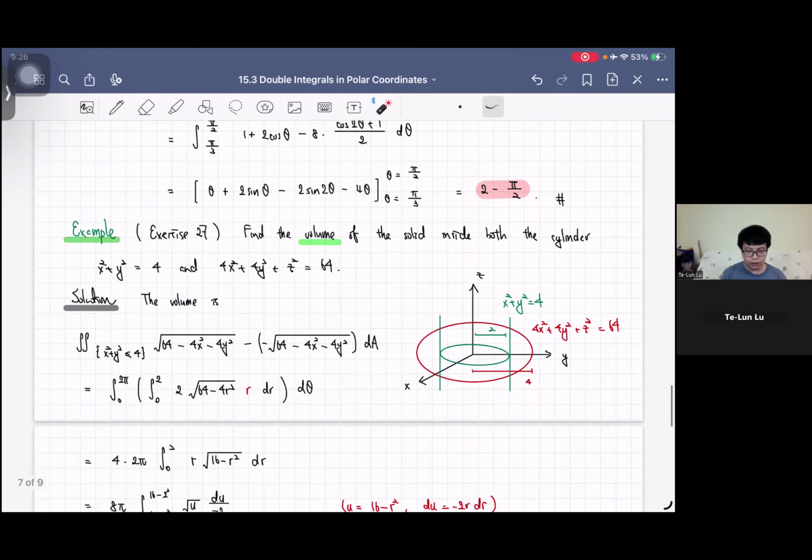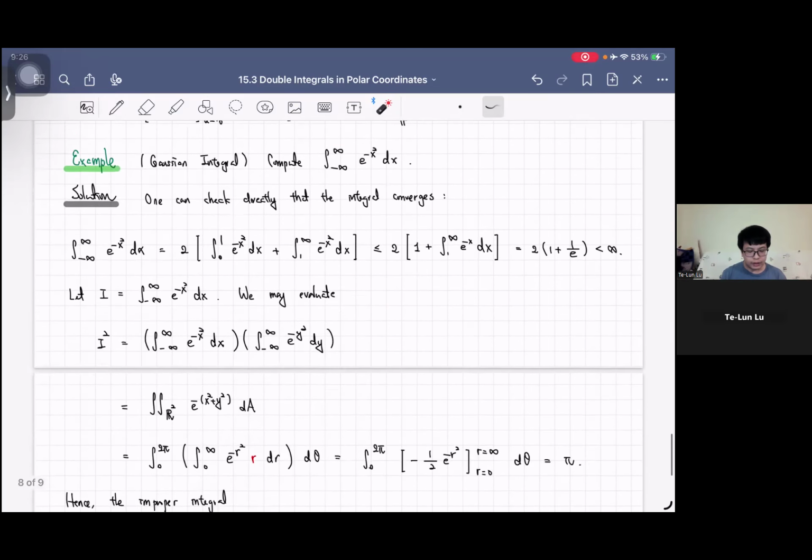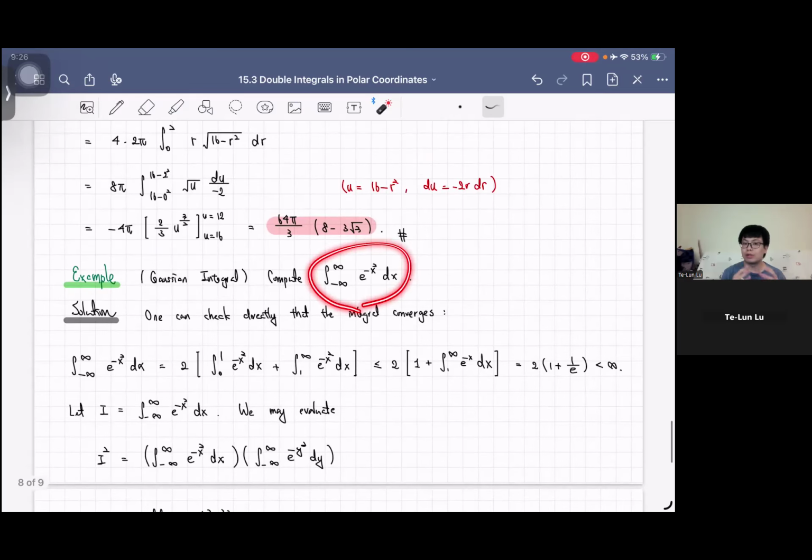In this fourth example, we compute the volume between some symmetrical surfaces, in this case, cylinder and ellipsoid. In the last example, we evaluate a one-dimensional integral using a two-dimensional integral and converting it into polar coordinates to show the essentialness of this technique, because you cannot really do this using the ordinary fundamental theorem of calculus, since we don't know the anti-differentiation of so many functions.